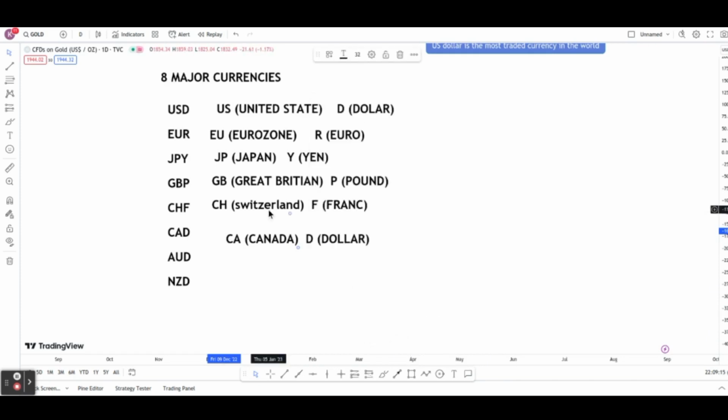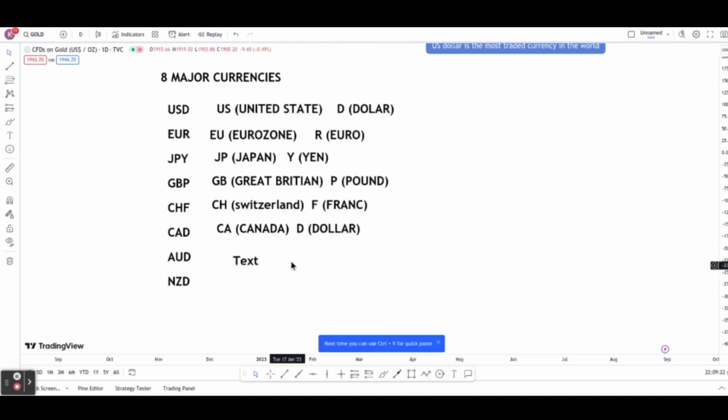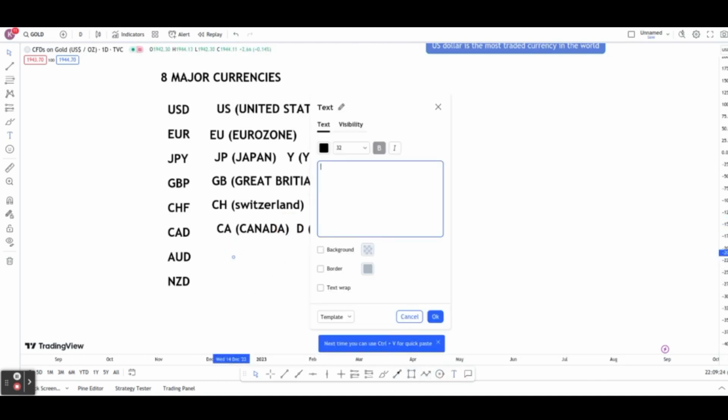The AUD stands for Australian dollar. The AU stands for Australia. It is not a spelling bee competition. The D there stands for dollar.